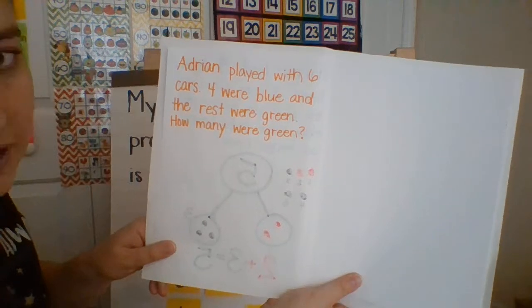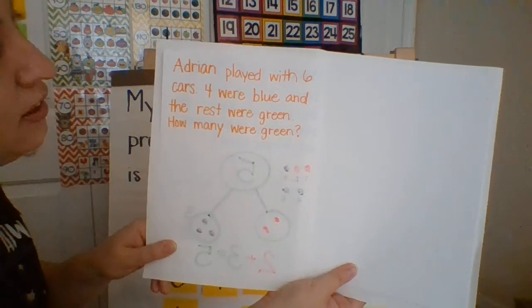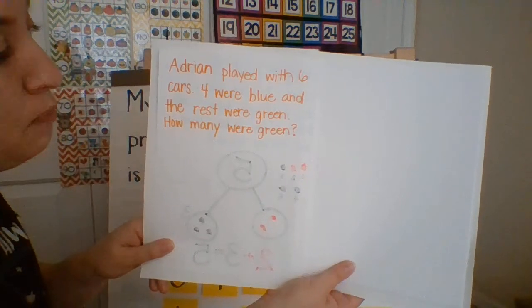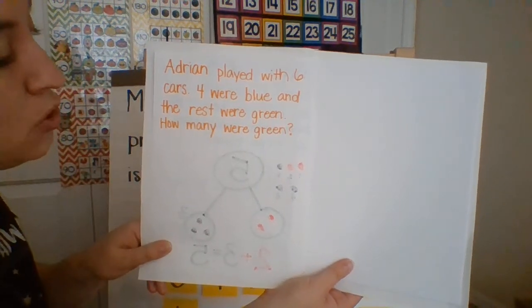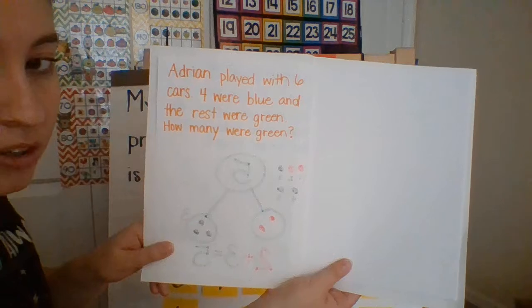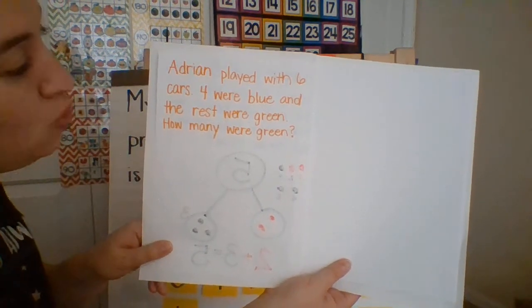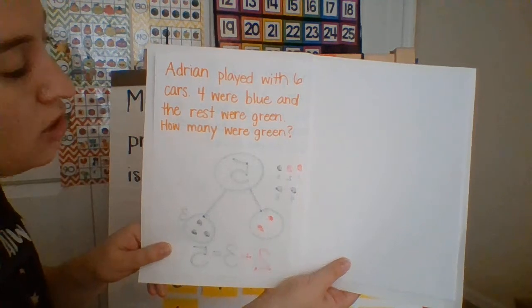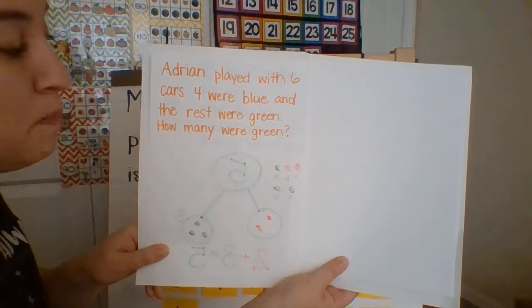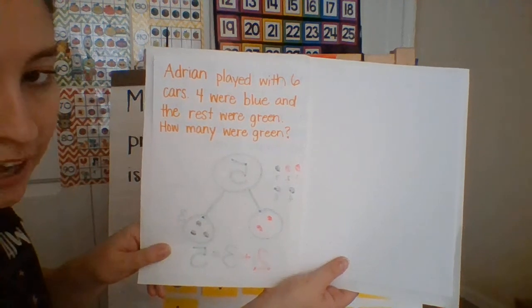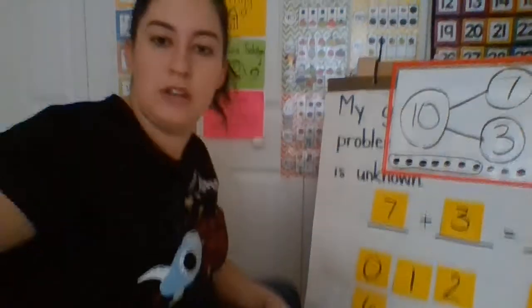So here's the problem. Ready? Adrian played with 6 cars. 4 were blue and the rest were green. How many were green? Okay, how many cars did Adrian play with?